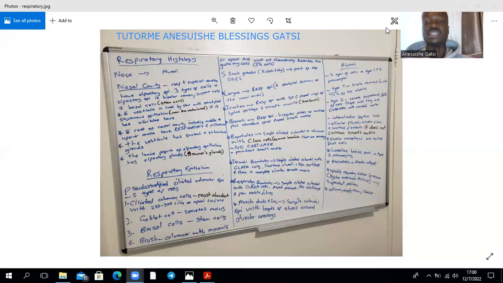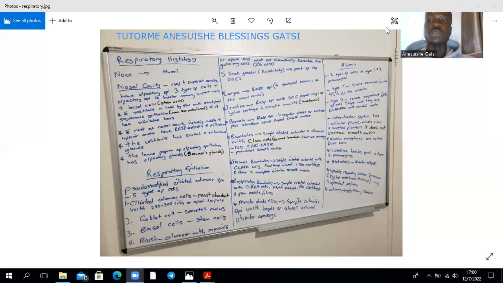Within this olfactory epithelium, the lamina propria will be rich in glands known as olfactory glands, or Bowman's glands. And this lamina propria will be directly contiguous with the periosteum of the underlying bone, because there is no submucosa or muscularis layer within this region, right?